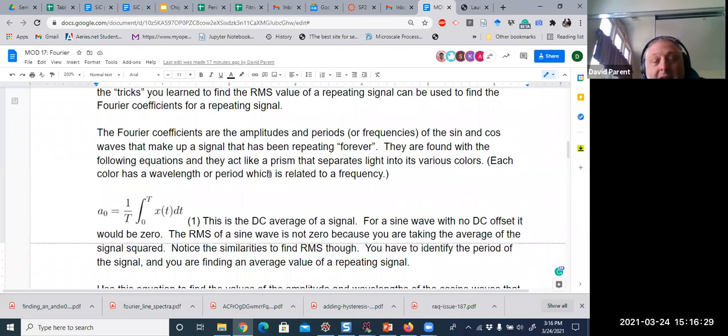Well, there's all these sine and cosine waves, and we need to know the amplitude and the period or the frequency of each sine wave and cosine. Now, to be clear, we're taking a signal and breaking it up into an infinite series of sines and cosines plus a DC offset, right?